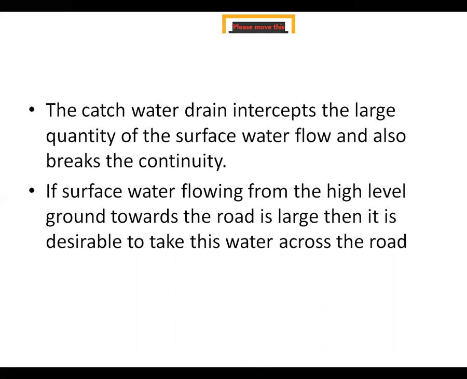If a side water drain is collecting too much water, then it must be drained off to the other side of the road, which can be done by providing an underground pipe or drainage system. So for that we must provide the catch water drain first.